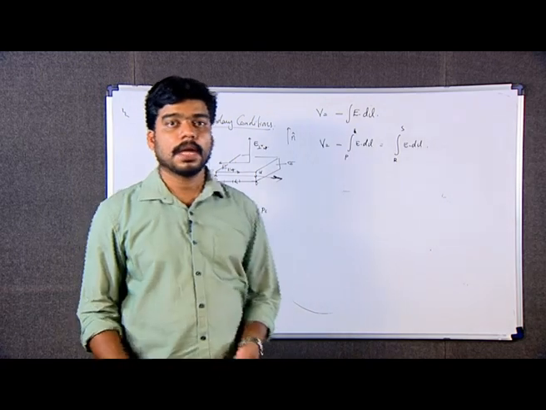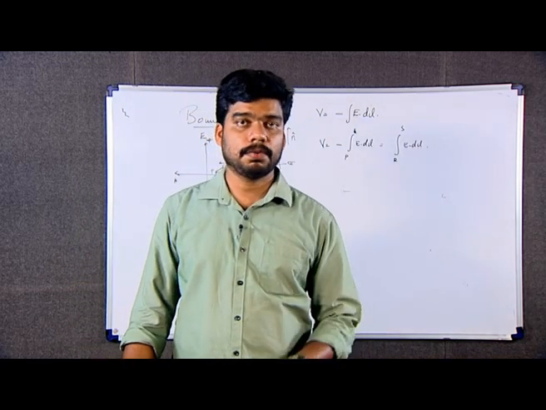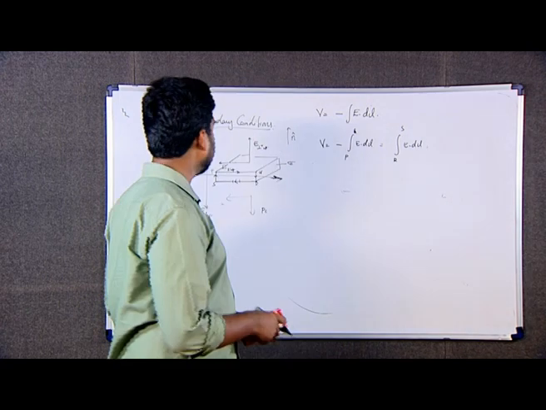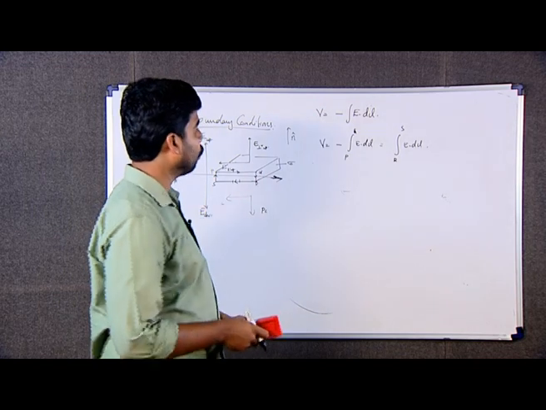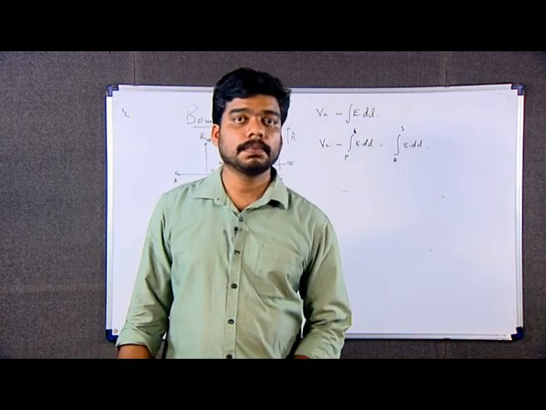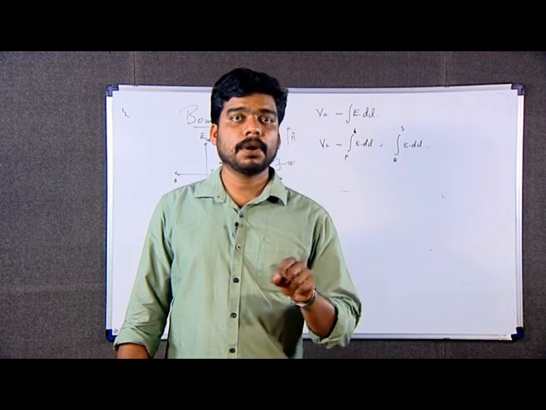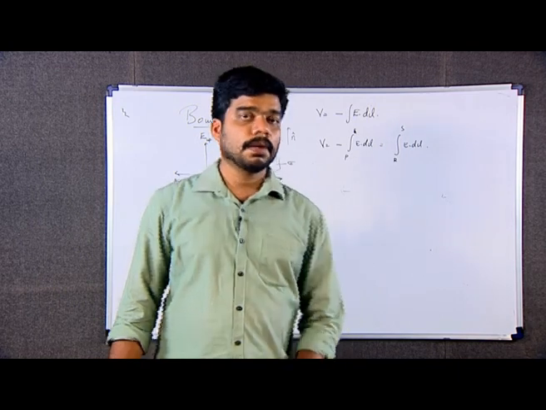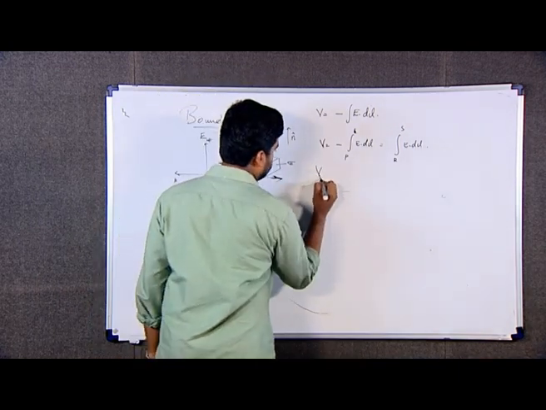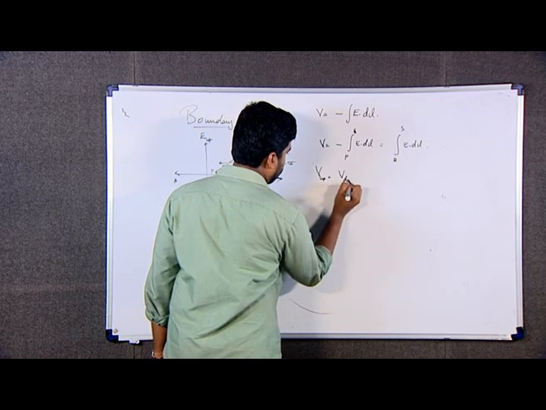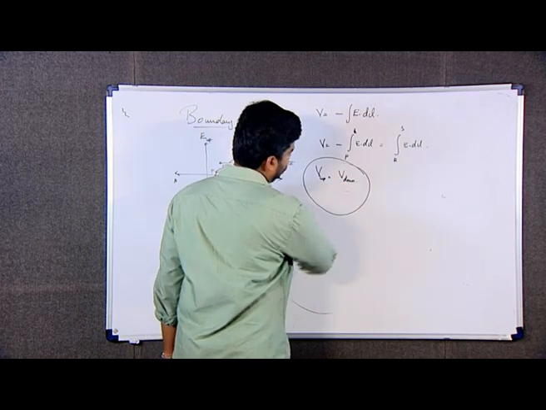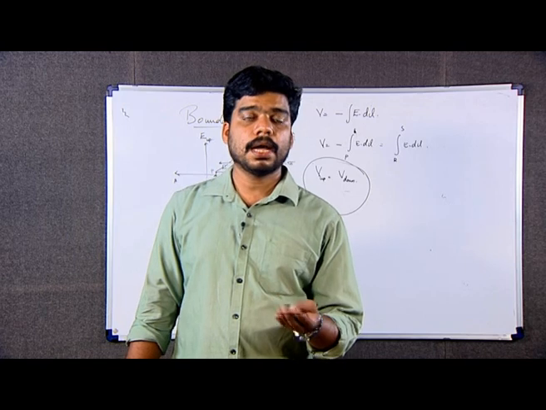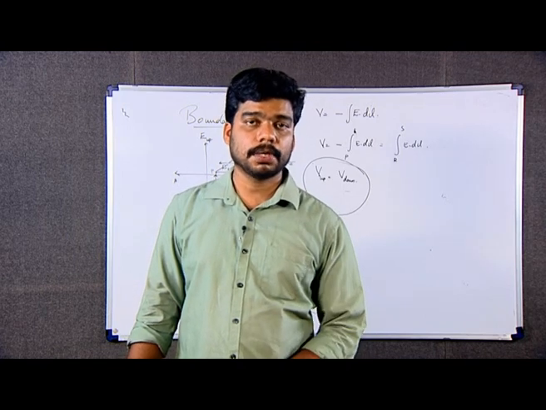The potential at the upper part and at the lower part: V up minus V down will give you the idea of the relation for the boundary condition for V. Since these potentials are the same, V up is equal to V down, we get that the potential is continuous over the upper part and the lower part of that boundary.